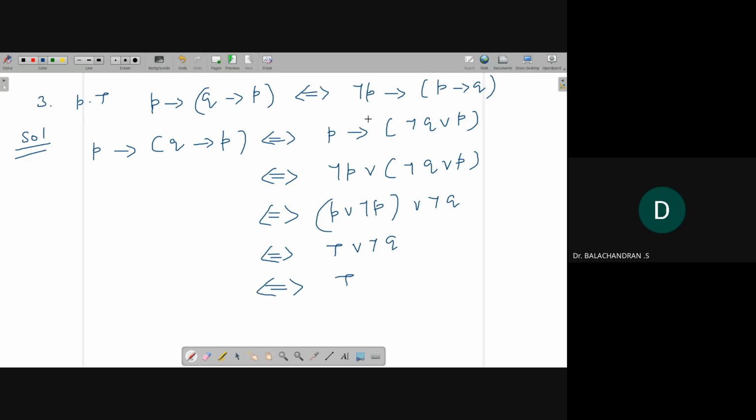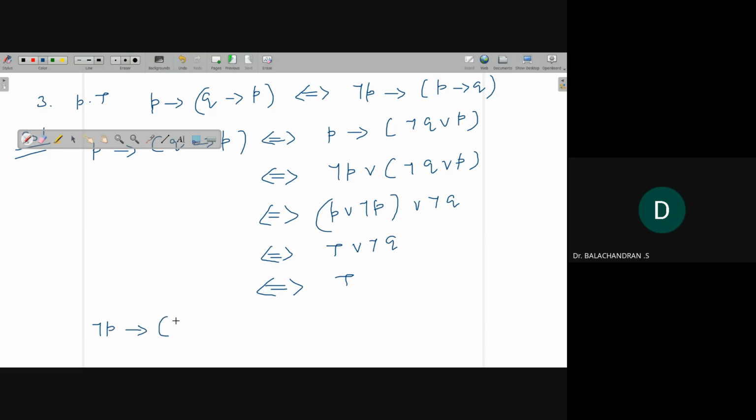Similarly, I am going to take the right hand side. I am going to prove that it is also equivalent to T. So what is the right hand side? Negation P implies (P implies Q), which is equivalent to: negation P implies Q is negation P or Q. Again P implies Q. This is equivalent to negation of negation P or (negation P or Q).